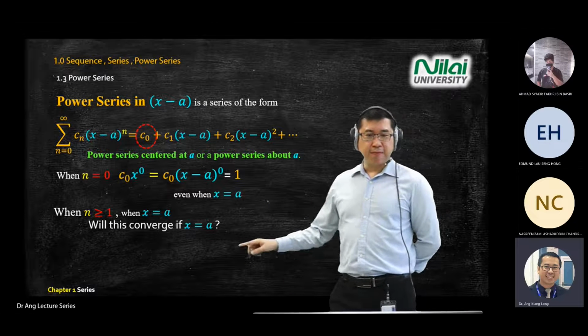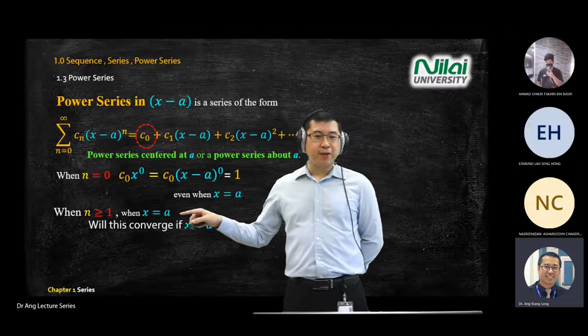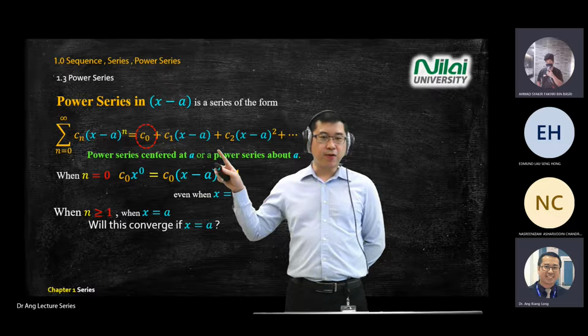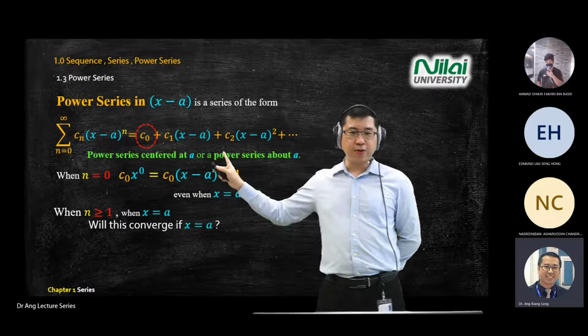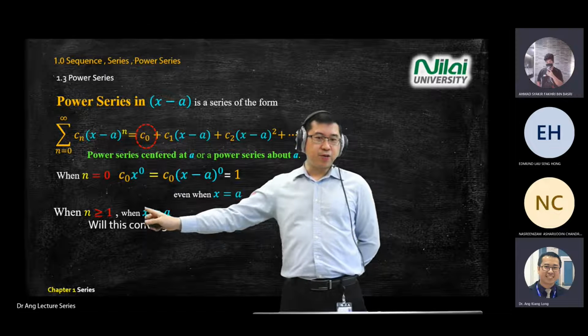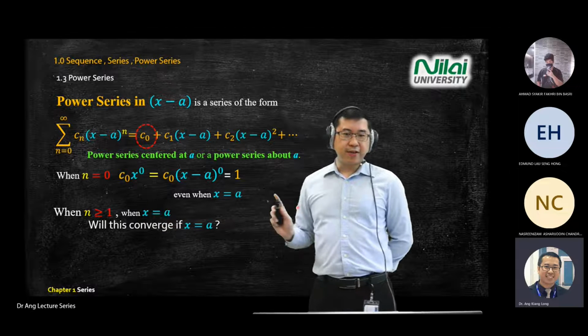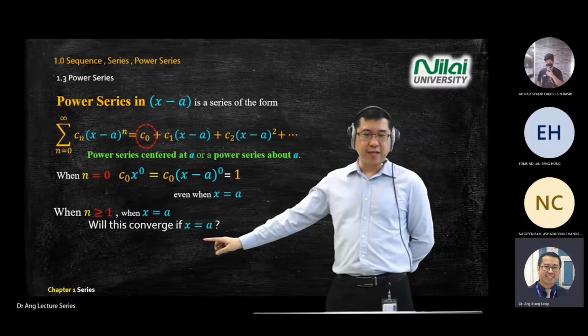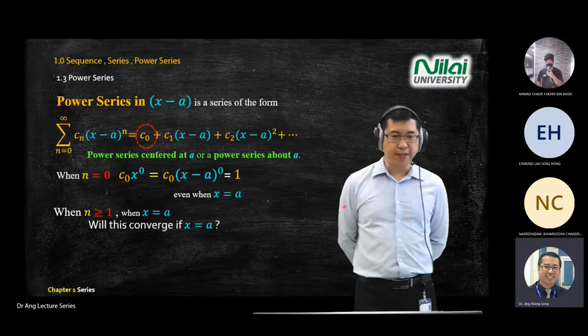Correct? Now my question is this one. What happened to this equation if you use x equal a and you want to add all these numbers together by increasing your n, meaning you count from the first number until the last number? Do you get a converge pattern or a diverge pattern?